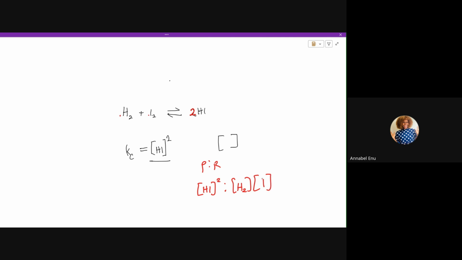So this would be it, right? To properly write it, this ratio is now going to represent our division line. So it will now be this. So this is the equilibrium constant for this particular equation.